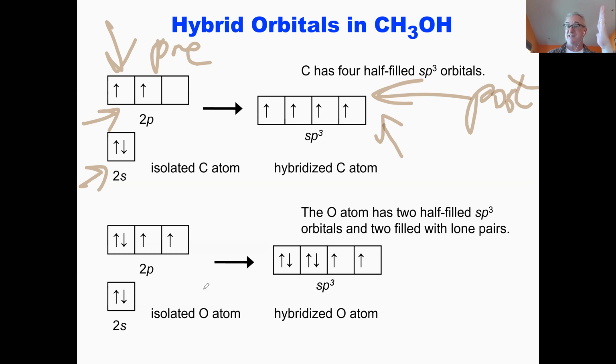Pre is when it's just the atomic orbitals by themselves, and then after hybridization, it changes. So yeah, there's nothing in that p orbital, but we need it to put an electron in after we hybridize.